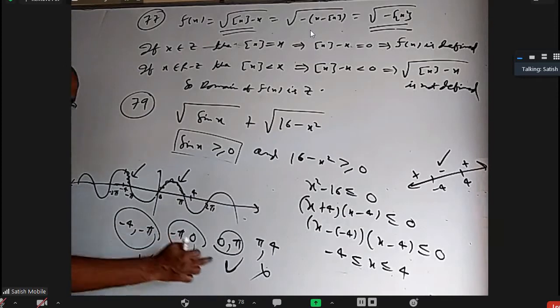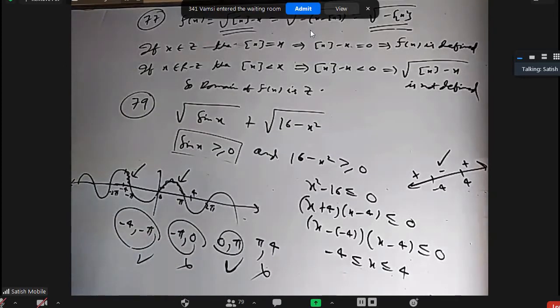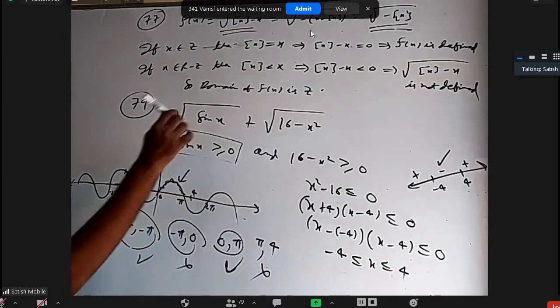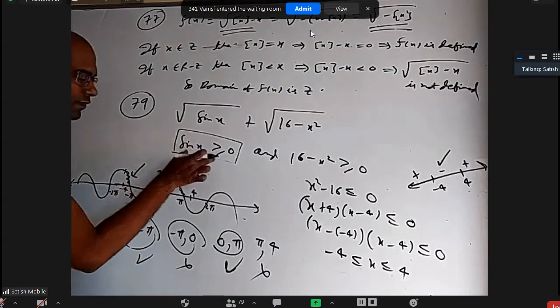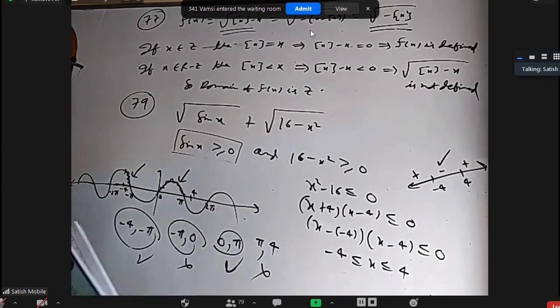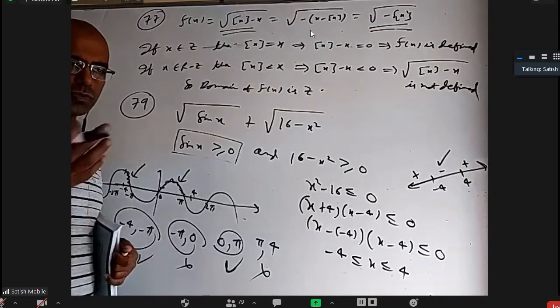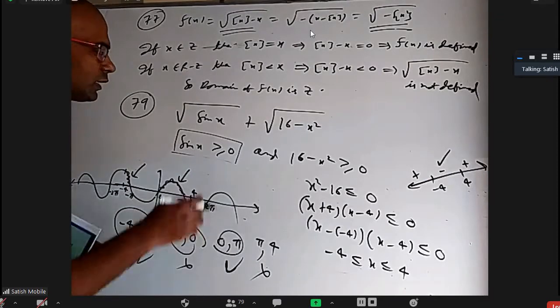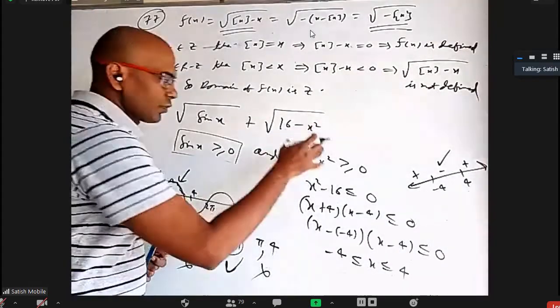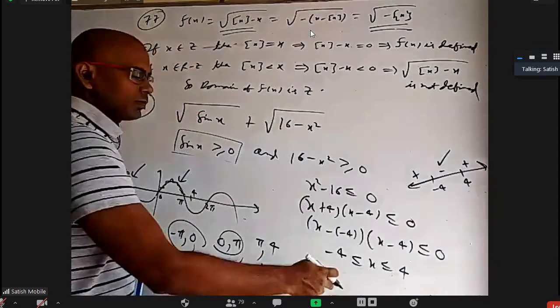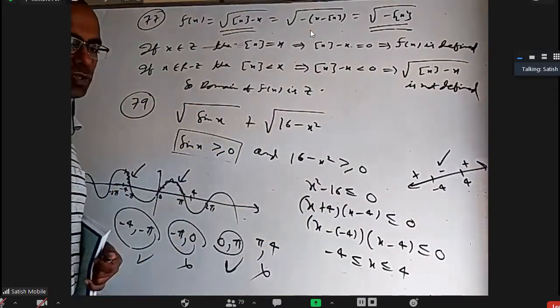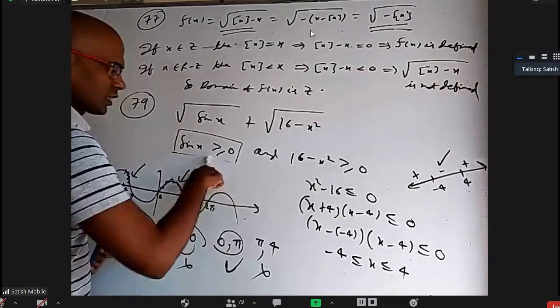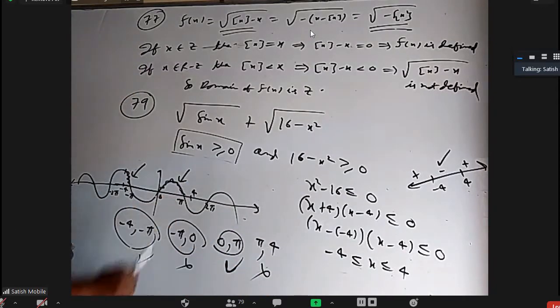So I have to write this as a closed interval, because it is equal to here also, here also equal to, no problem. I told you the answers for this: 0 to pi union 2 pi to 3 pi union 4 pi to 5 pi, and so on. But I'll take the intersection of these two. Where this is positive, during that time, for which values sin x is also positive. When you take the intersection of this and this together, you will get this and this.